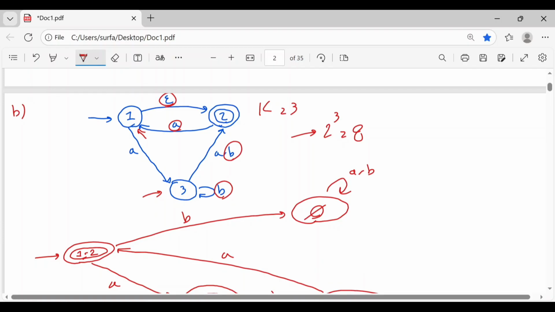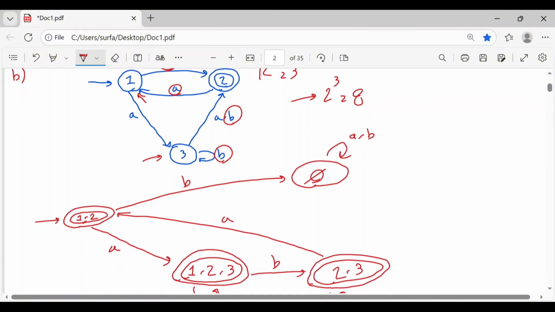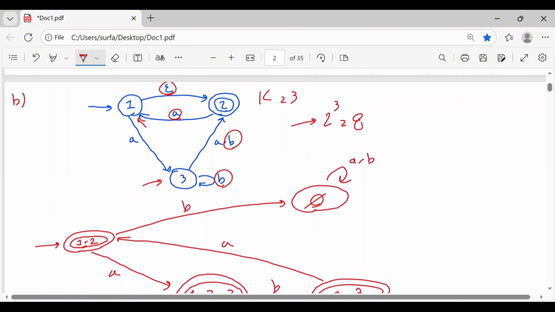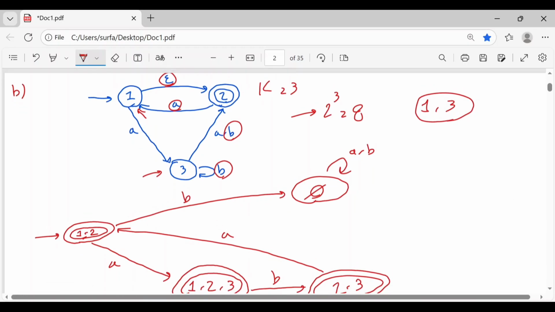For example, for a state that contains 1 and 3 together, for this state here, let me first check this one here. If we are in state number 1 here, and we use the A transition, we can go to the next state that is equal to 3.